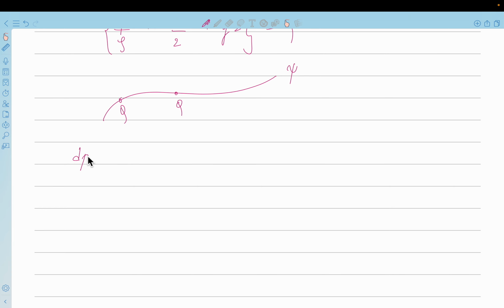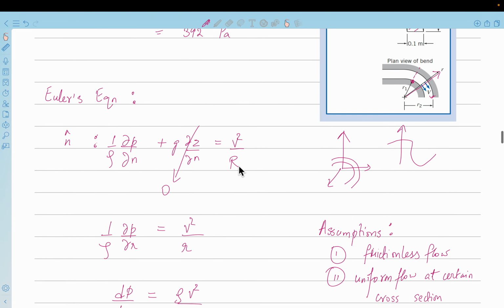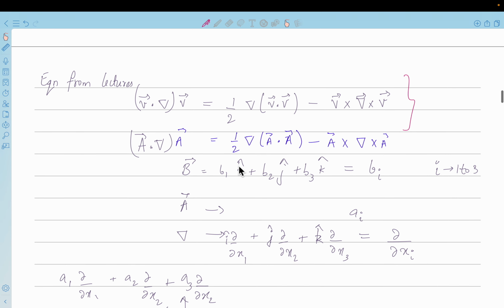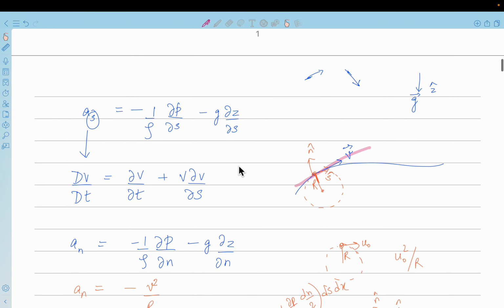What you can get as your equation is dp by rho plus v dv plus g dz. So these are the equations we wrote along the streamline. Yeah, so we had this dou p by dou s, dou z by dou s. So if you solve this further, you had this dou v by dou t plus v dou v by dou s.